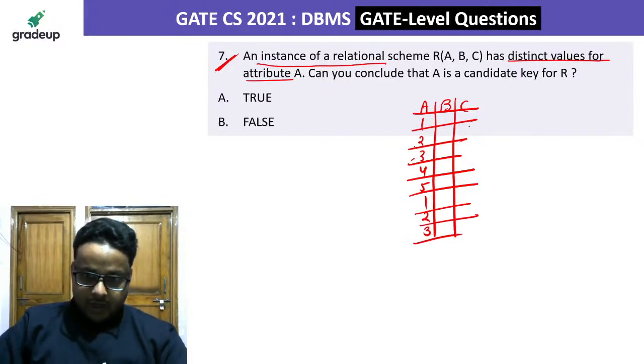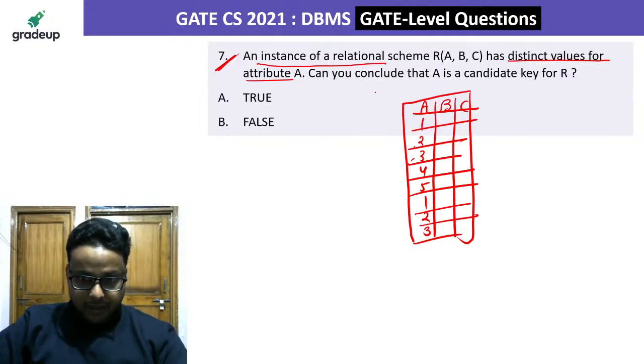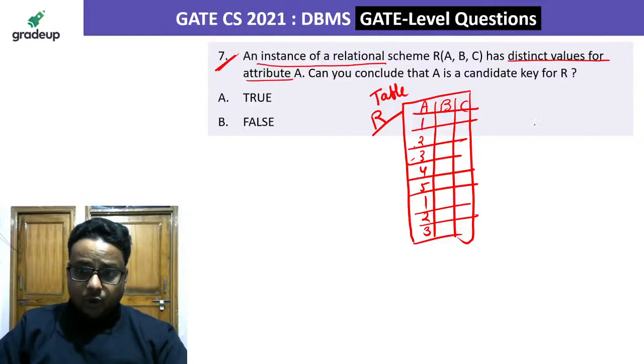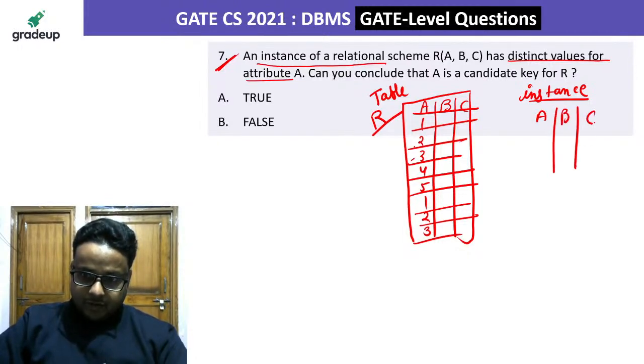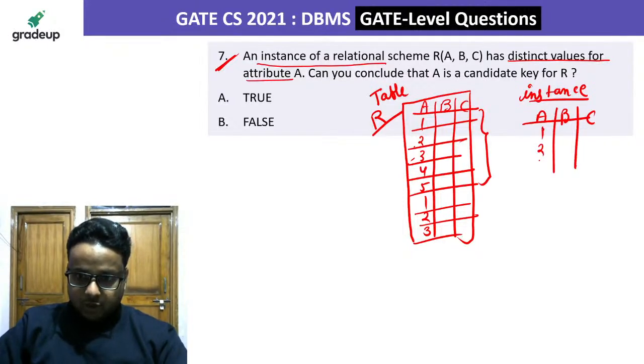Now if this is my complete table R, and I give you an instance which contains only A, B, C, like from here to here, 1, 2, 3, 4, 5, right?